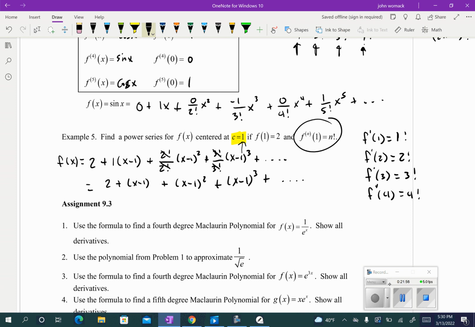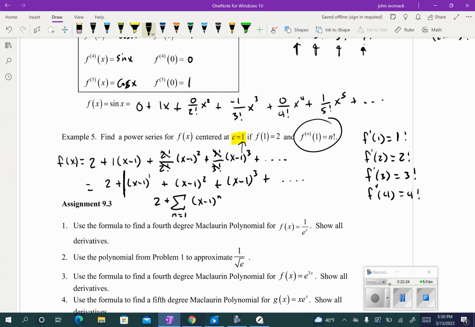Okay, so let's see if we can write this as a series. This is a little trick. Remember, when you're writing out a series, you're just adding them together. So that 2 plus, I'm going to move it out in front and go 2 plus, and that way I can start with n equals 1. So now I'm starting right here. And that makes it really easy because all I have to do is just go x minus 1 to the nth power each time, right?